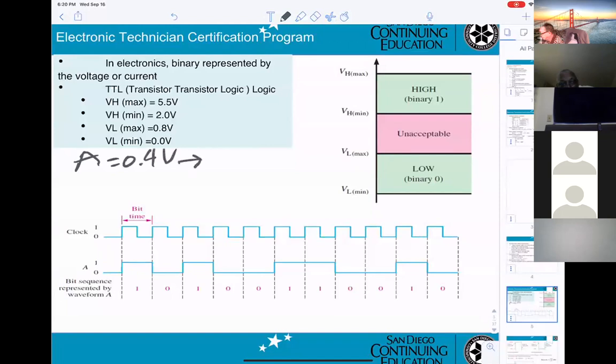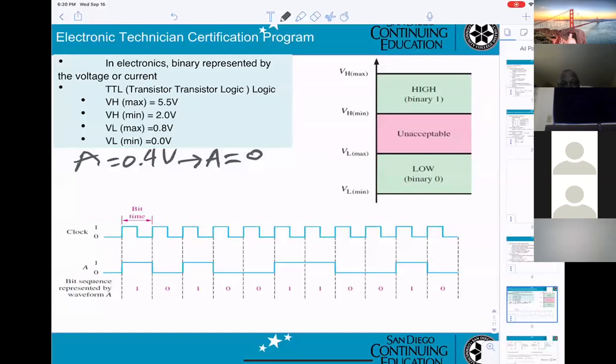Then telling you A equals what? Zero. A equals 0. That means you measure the voltage, and that voltage just tells you logic zero. That's why you get A equal 0.